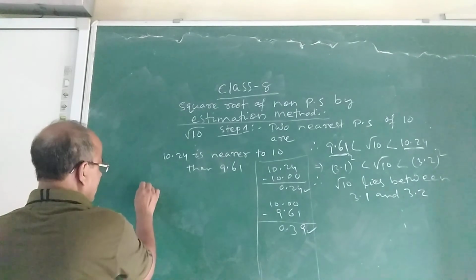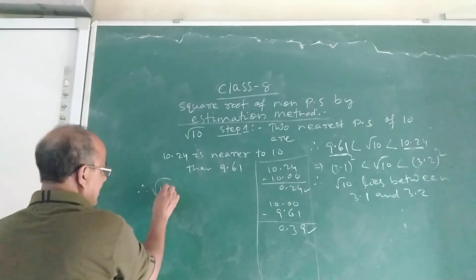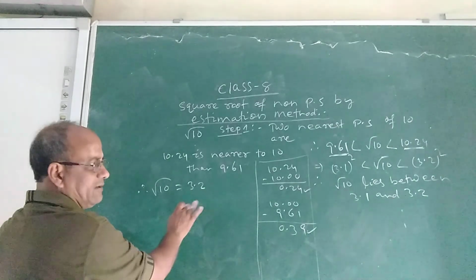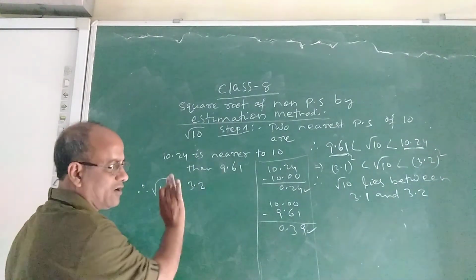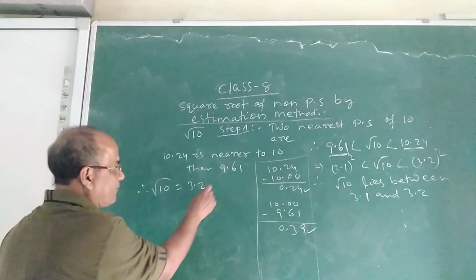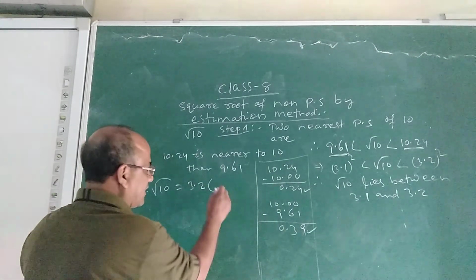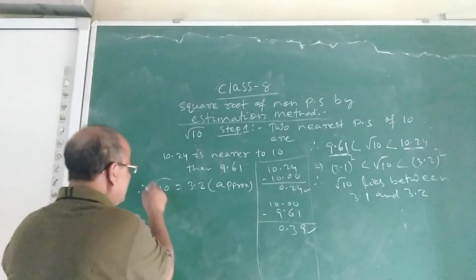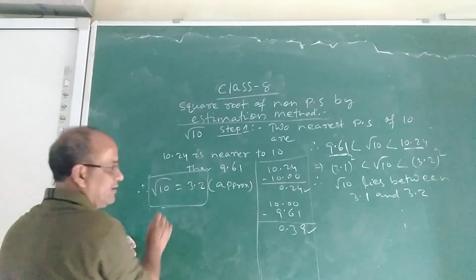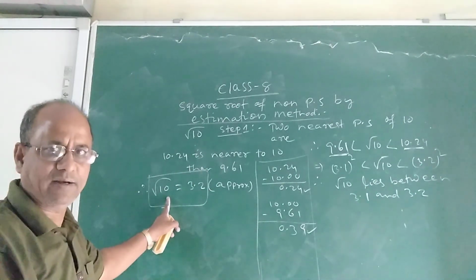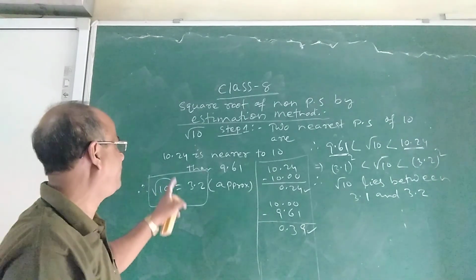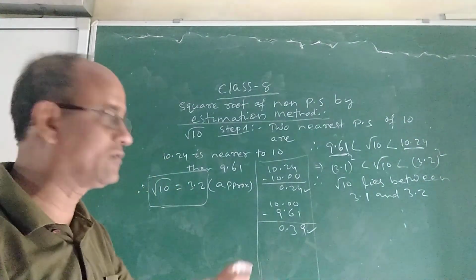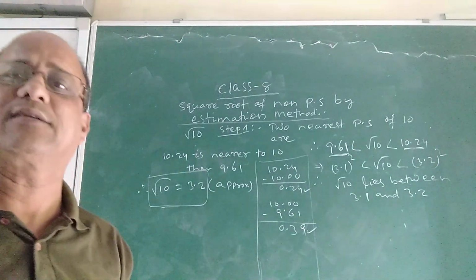Therefore square root of 10 will be equal to 3.2. Children, this is not the exact square root. It is the approximate; approximate means nearer. This is the approximate square root of 10. So this is how to find the square root of a non-perfect square by estimation. I will discuss another example so that you will understand in the next class.